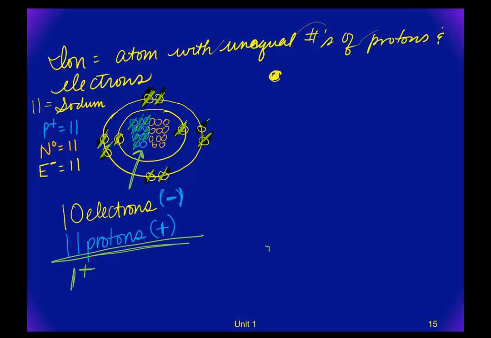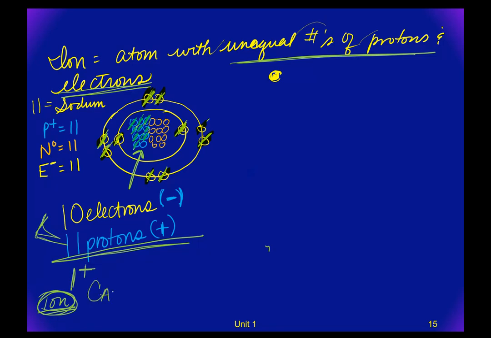This is an ion, an atom with unequal numbers of protons and electrons. I've got 10 electrons and 11 protons, so this is an ion. If I want to be more specific, this is a cation. Cations are positive.